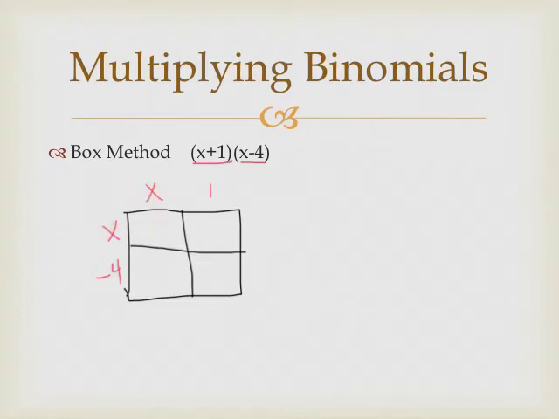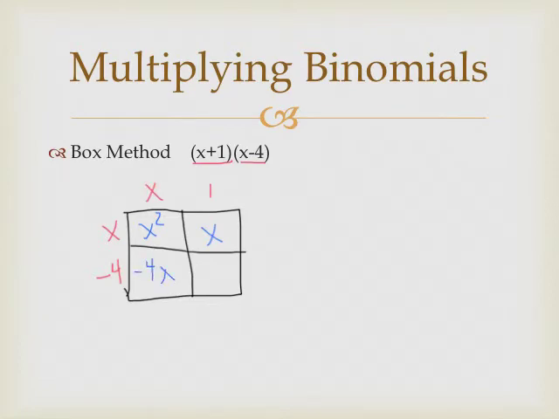So I have x times x is x squared. Then here in this box, I have my still first row, and then it's the second column. So I have x times 1, and that is just x. And then here I have minus 4 times x, and that is going to be minus 4x.